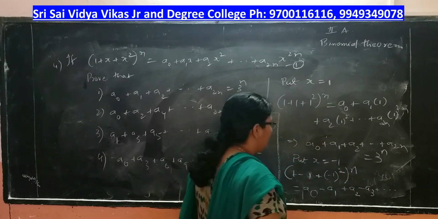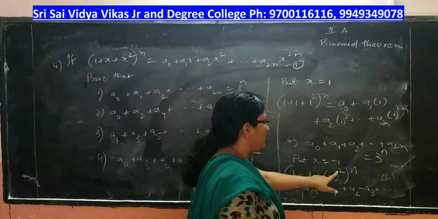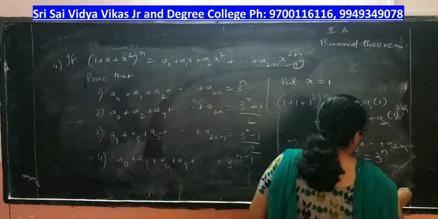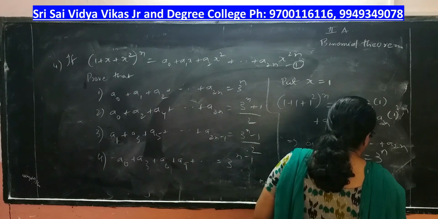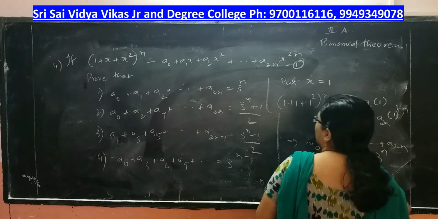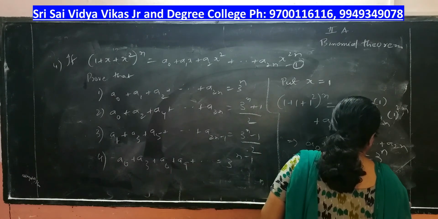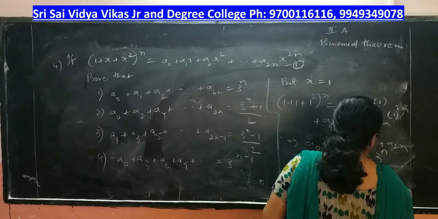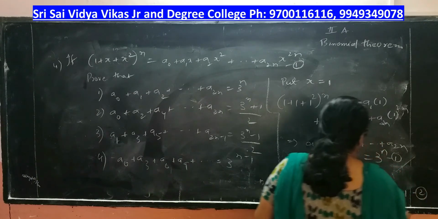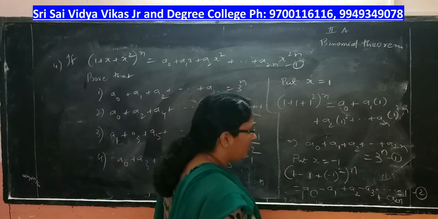So this value is equal to what? 1 − 1 is 0, (−1)² is 1, and 1^n is 1. The last term is a2n, which is equal to 1. Let us call this equation 1 and let us call this equation 2. If you add 1 and 2, we will see what we are going to get.